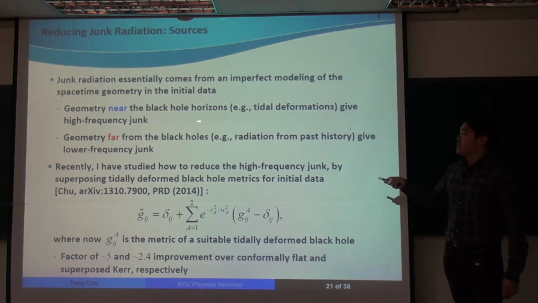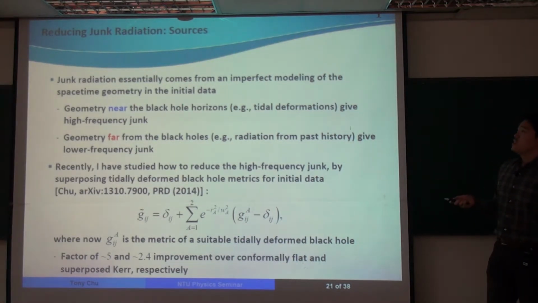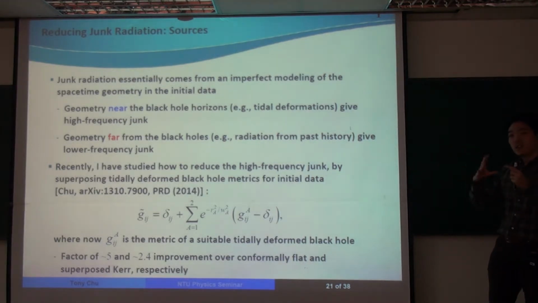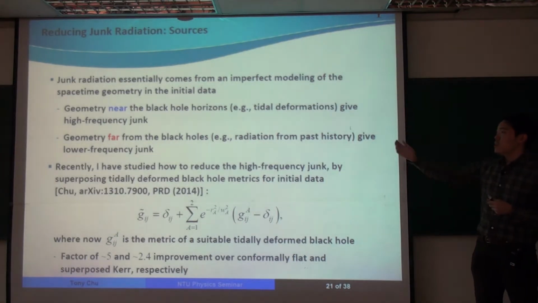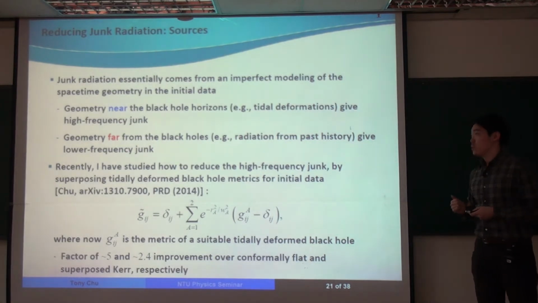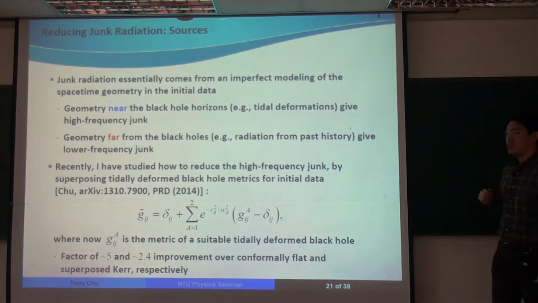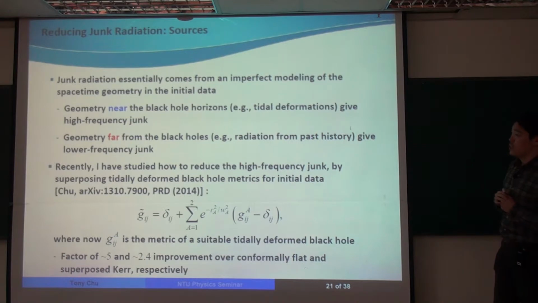Near the black hole horizons, if we don't treat the geometry properly, for instance, if we don't include the correct tidal deformations that each black hole exerts on each other, then in the evolution, the black holes will oscillate in their geometry. And this process gives rise to high frequency junk radiation. And if we do not treat the geometry far away from the black holes properly, for instance, if we don't include radiation from the past history of the binary, then this will give rise to lower frequency junk radiation.